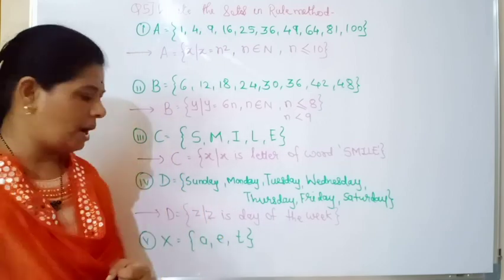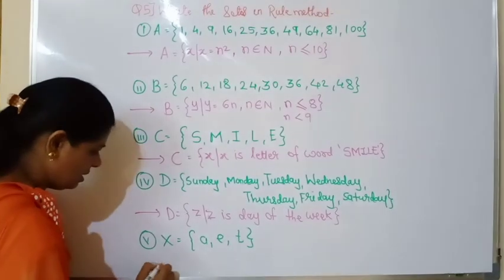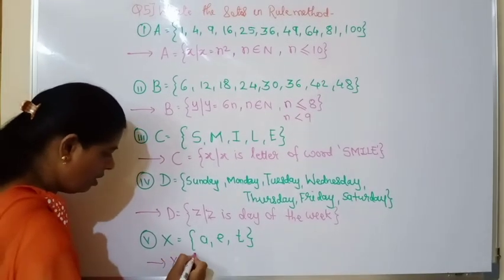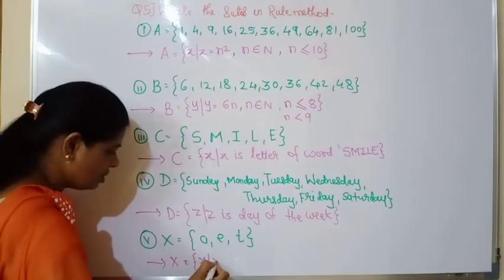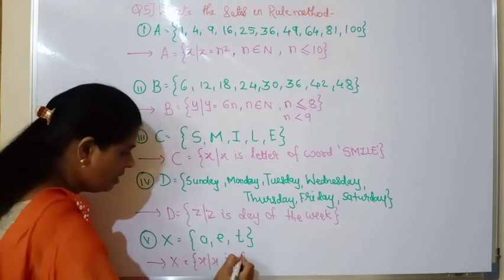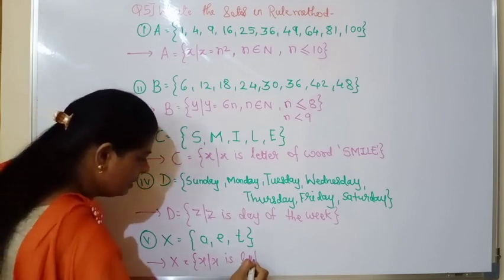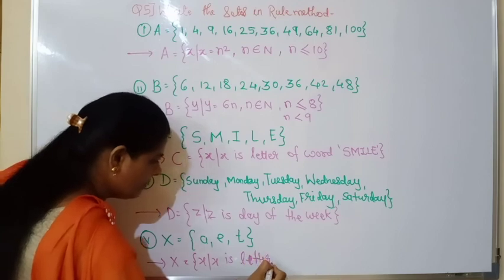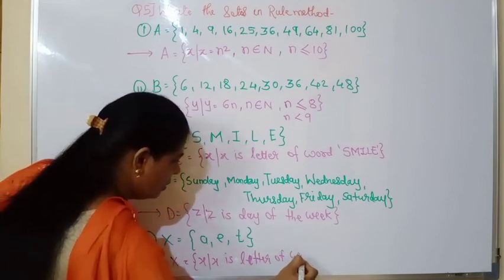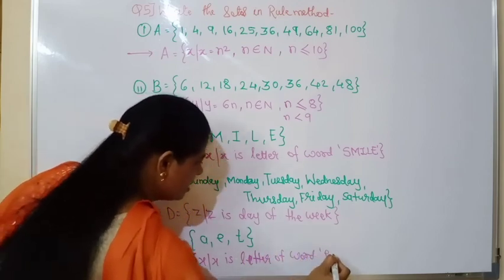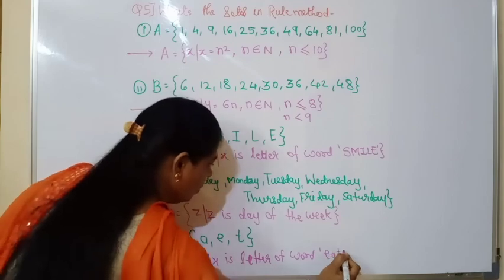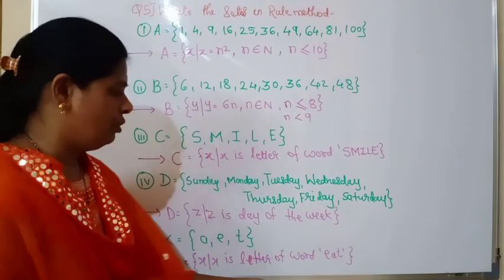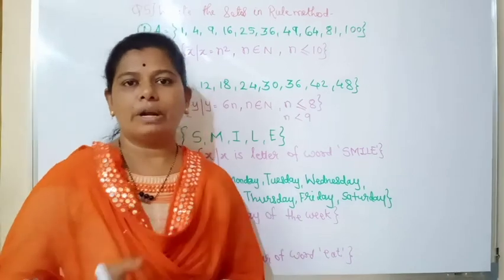So any one you can write. It is a set of all x such that x is a letter of the word eat. Okay, as I told you, you can write eat also, or you can write tea also.